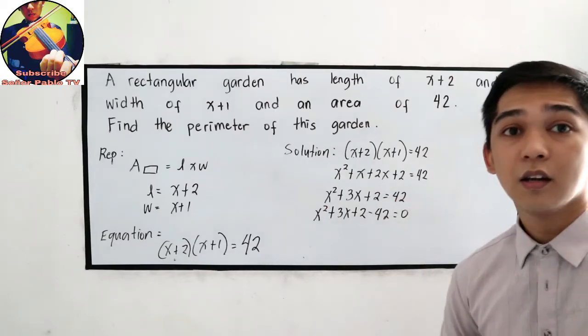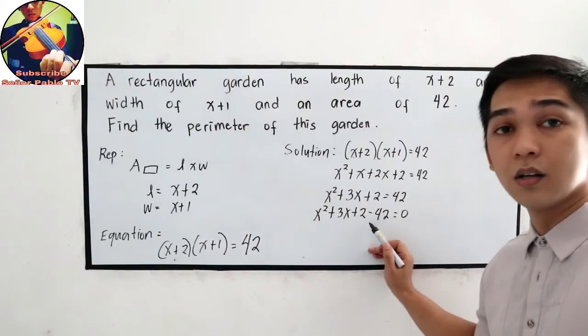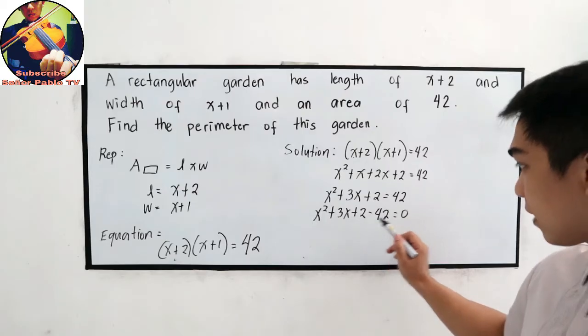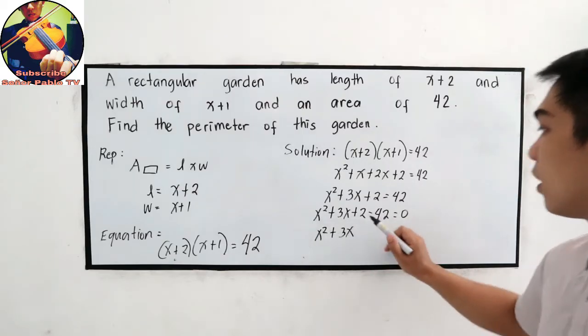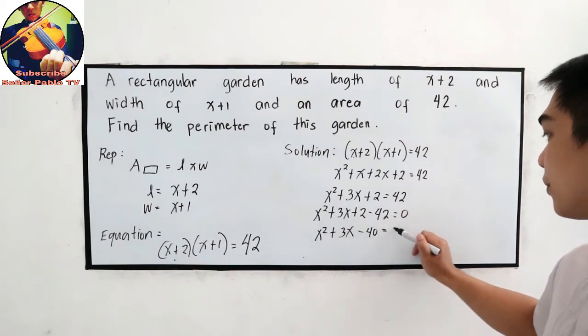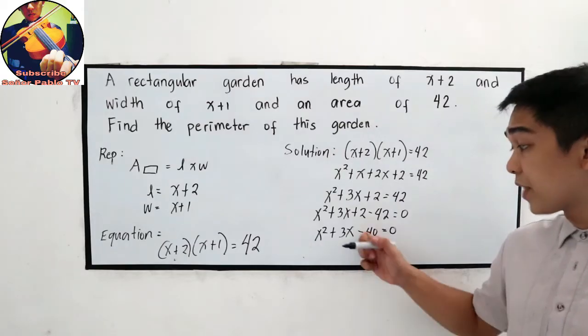Don't forget, if you're going to transpose one number, you need to change the sign. Now, let us combine like terms. X squared plus 3x, 2 minus 42, negative 40 is equal to 0. And now, let us find the factors of negative 40.